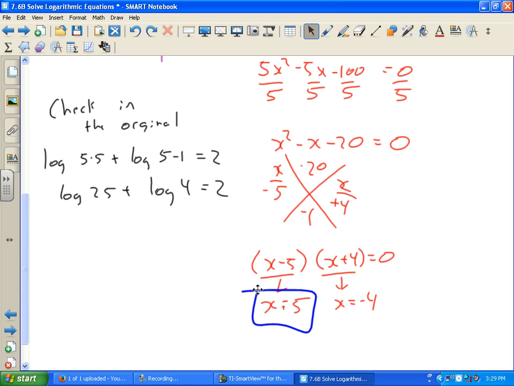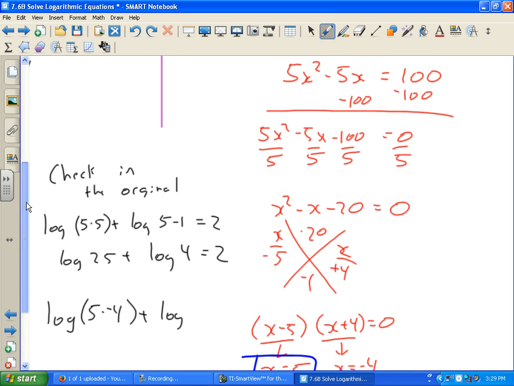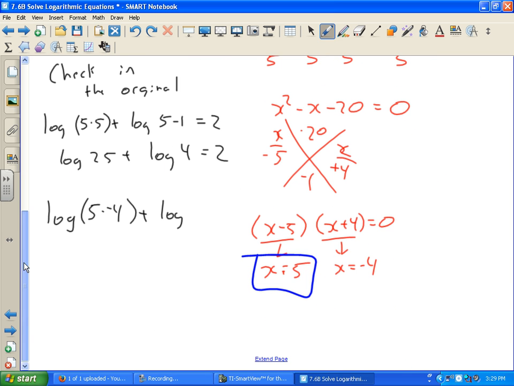I'm now going to check my negative 4. So that says the log of 5 times negative 4 plus the log of negative 4 minus 1 equal to 2. So that says the log of negative 20 plus the log of negative 5 equal to 2.